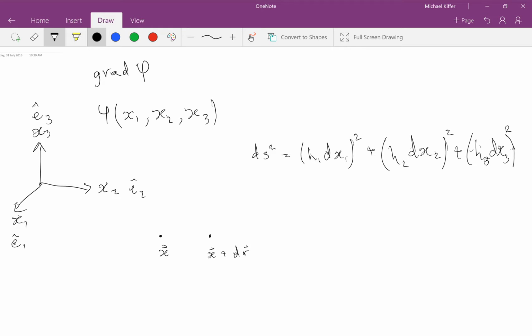Now let's say I want some infinitesimal, let's start with a small vector, delta r. Now delta r is going to have length components, h1 delta x1 pointing in the direction e1, h2 delta x2 e2, and h3 delta x3 e3.